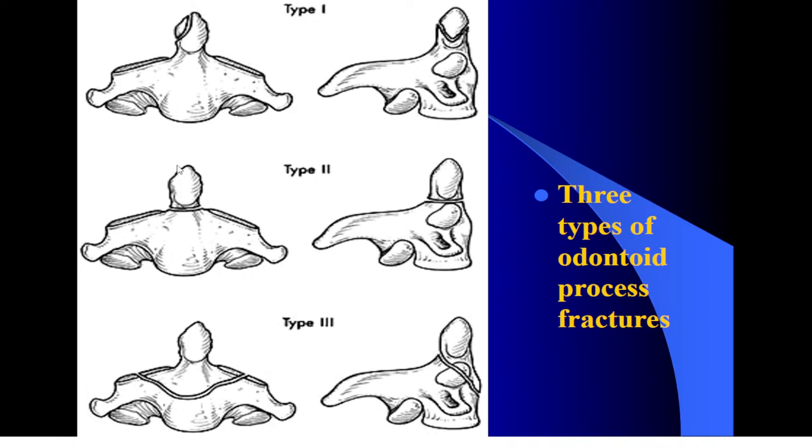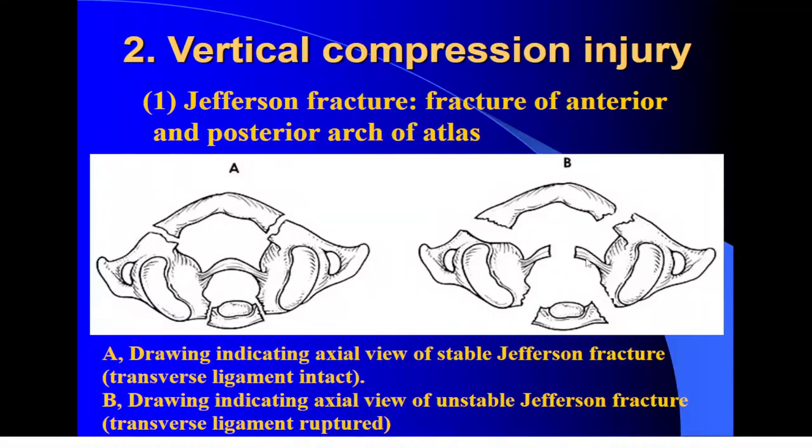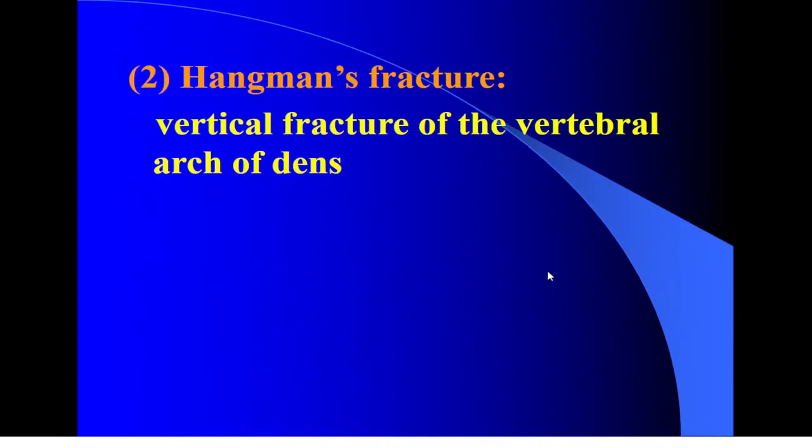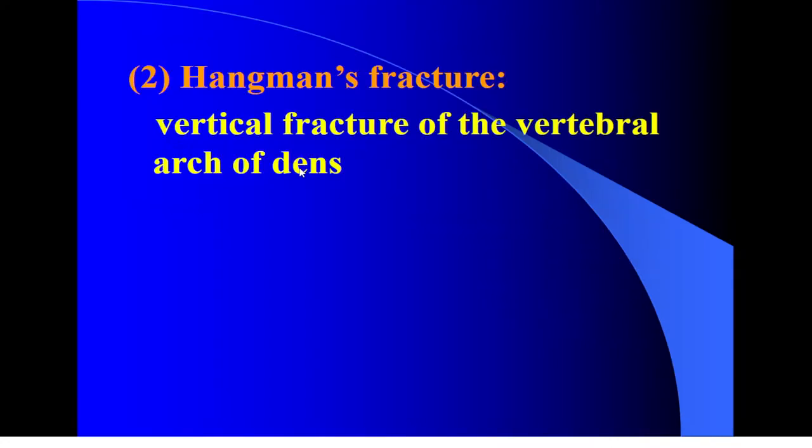If you have fracture of the odontoid process only, in that case you can expect displacement, especially if we have injury of the transverse ligament together with odontoid process fracture. So that is the most dangerous type of injury. Why do we call it Hangman fracture? Quite an interesting story.